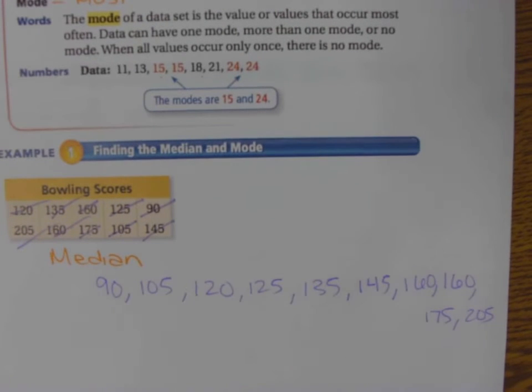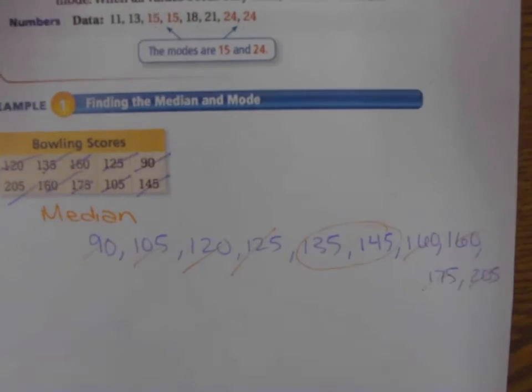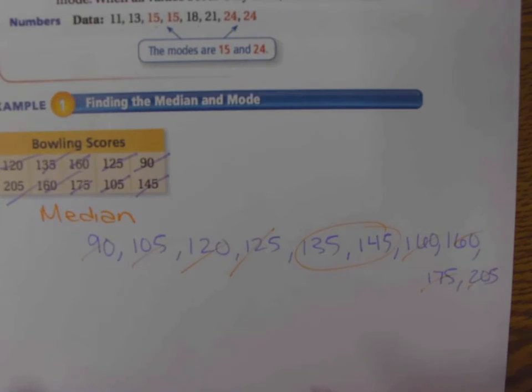So I am not going to have an exact middle, so I'm going to have to find the mean. I'm going to go ahead and find the 2 middle numbers. I like to cross them off as I go. If I have 1, 2, 3, 4 on this side, and I have 1, 2, 3, 4 on this side, my 2 middles are going to be 135 and 145. Since I don't have that exact middle, I need to find the mean, or the average, of those 2 numbers.